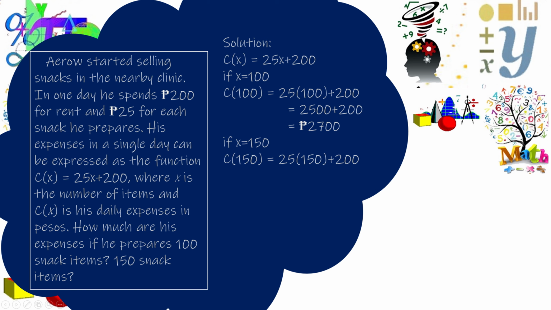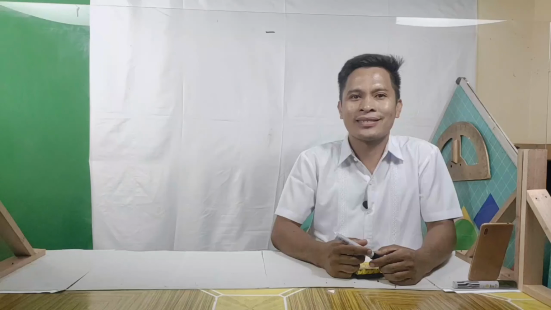So, c of 150 equals 25 times 150 plus 200. 25 times 150 is 3,750 plus 200. Therefore, if he will prepare 150 snack items, the cost will be 3,950 pesos.